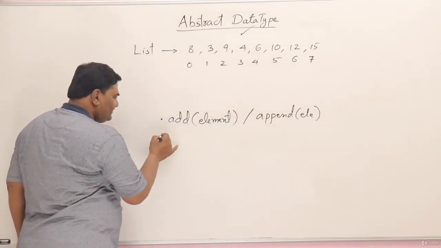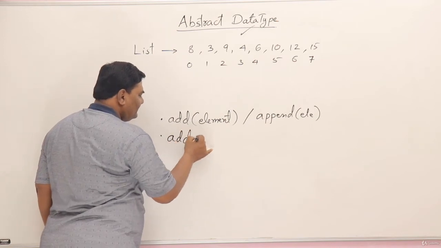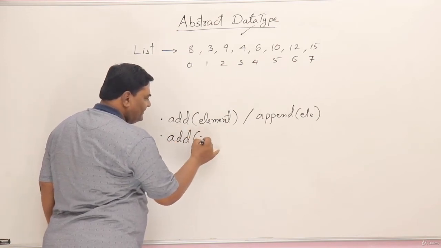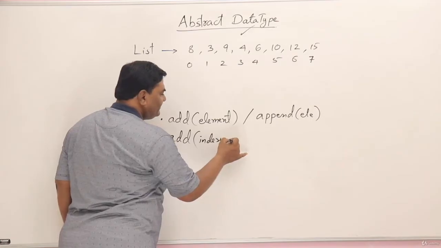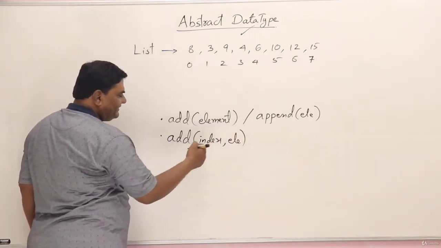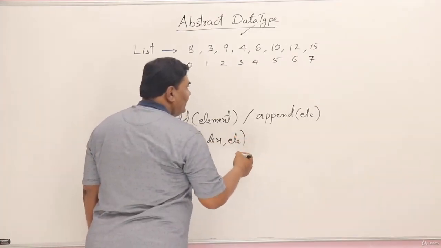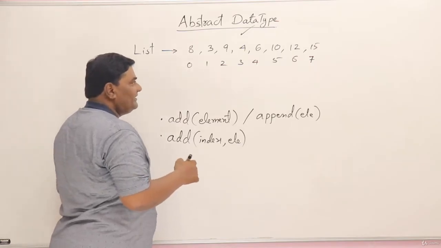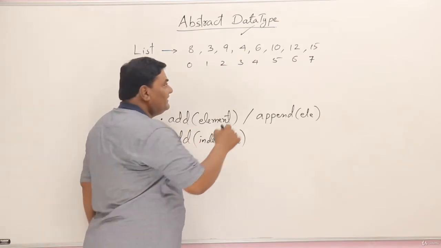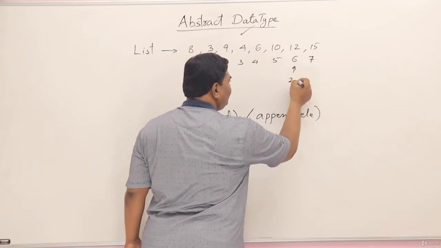Now the next operation: add an element at a given index. For example, I want to add 20 at index 6. So here I want to insert 20.